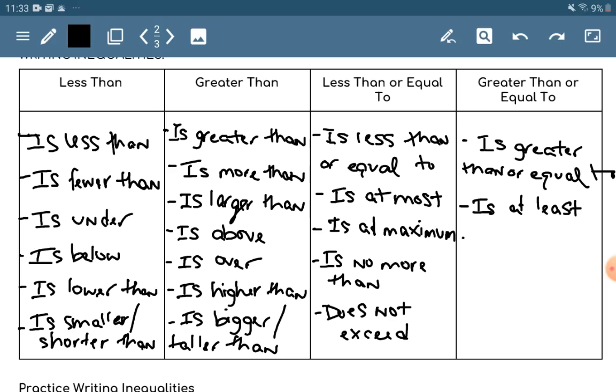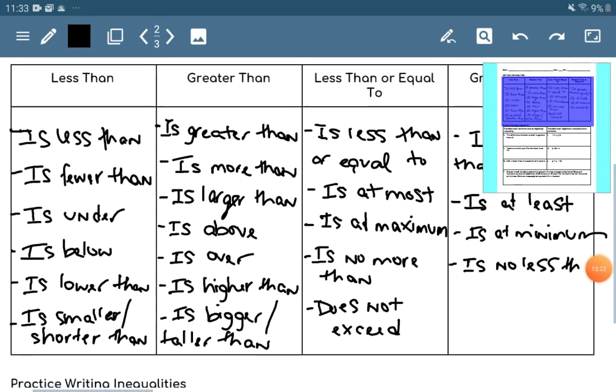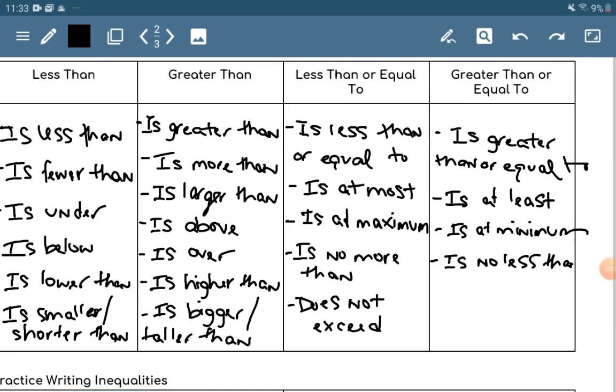Is at minimum. Is no less than. And the last one in this column is not fewer than.